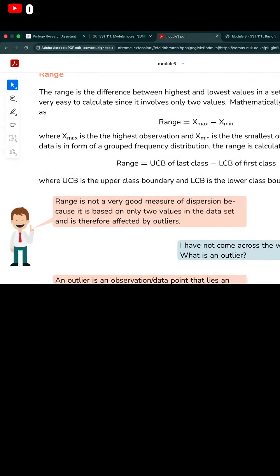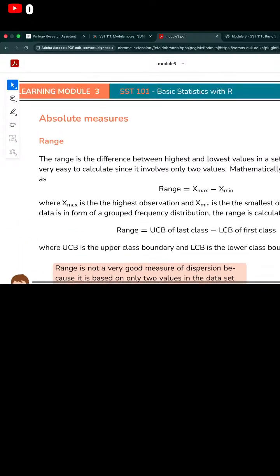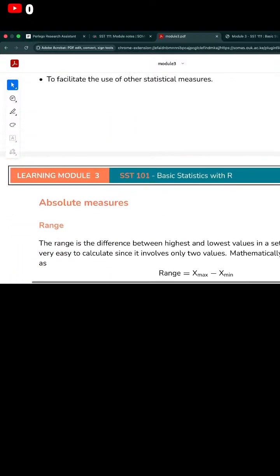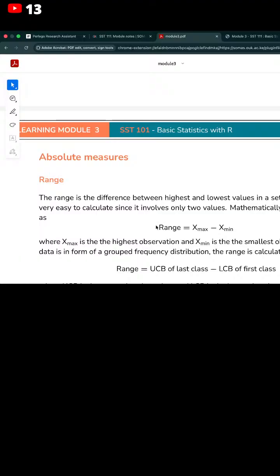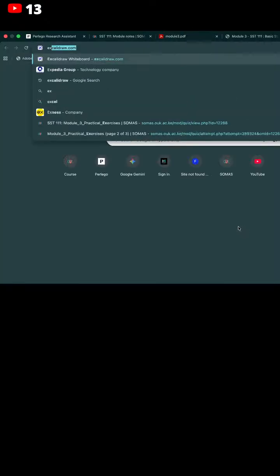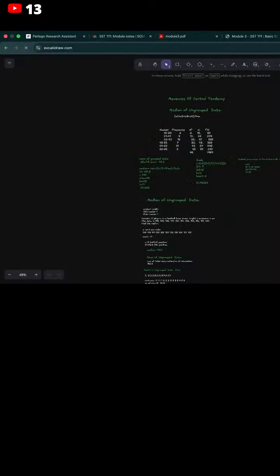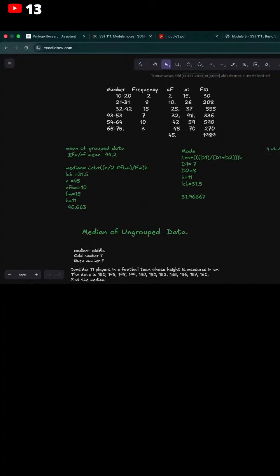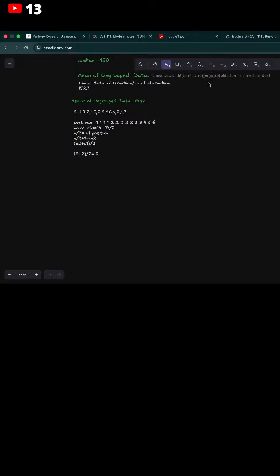So we will do this example. First of all, let's do the range.